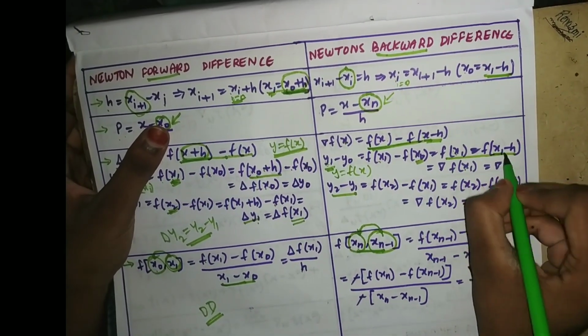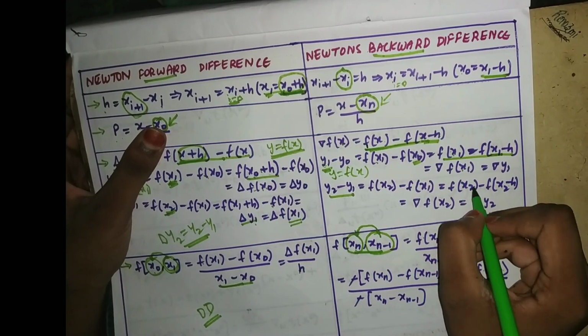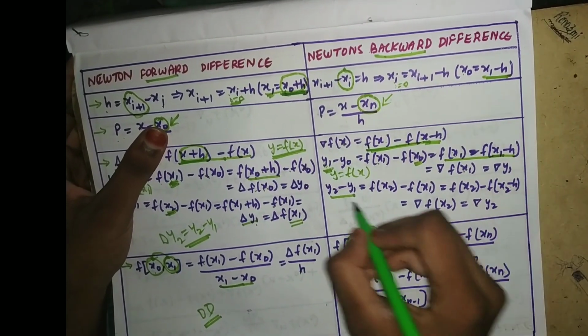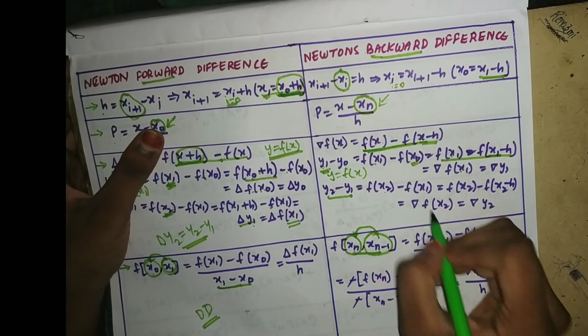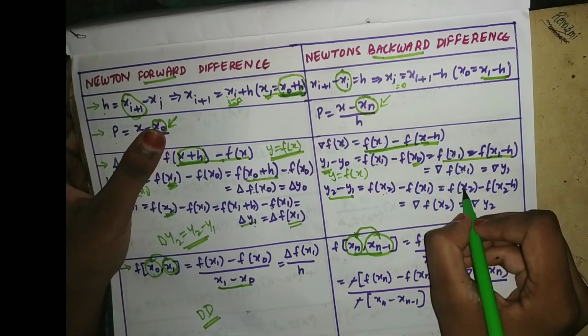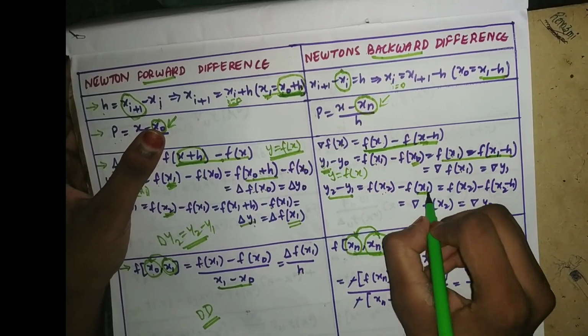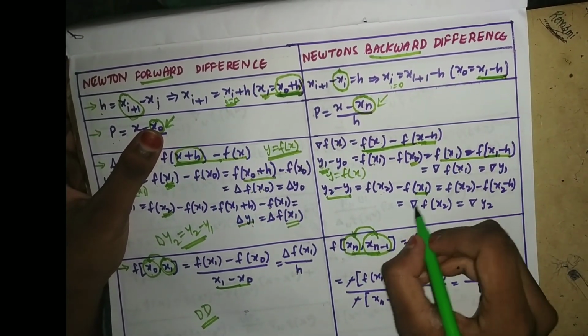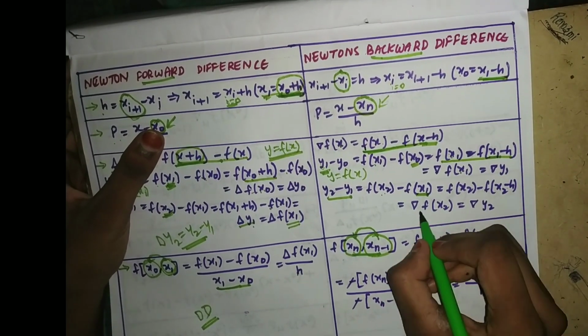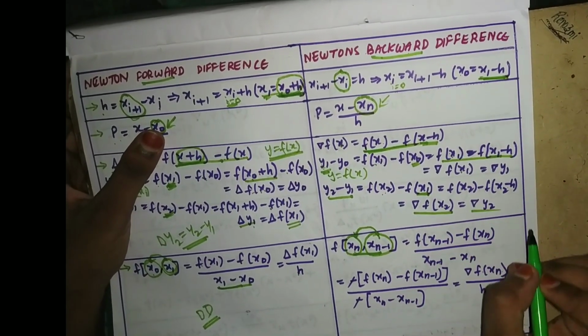So this is nothing but del f of x1 is equal to del y1. Similarly, y2 minus y1 is equal to f of x2 minus f of x1, that is f of x2 minus, instead of f of x1 we can write x2 minus h. So del f of x2 is nothing but del y2.